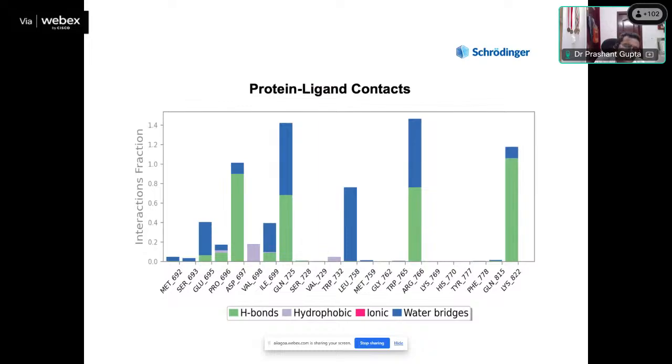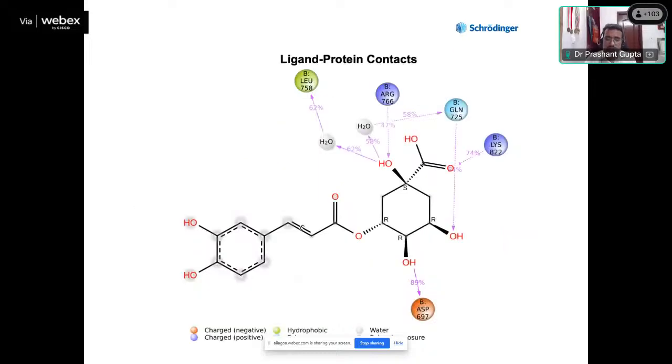So you can find in this picture that dynamics gives you that this tryptophan 732 is interacting for nearly 0.2 nanoseconds, and this bond was basically a water bridge bond. Here you can find a hydrogen bond. So in dynamics you can show that this type of bond was visible, and how long it was visible.